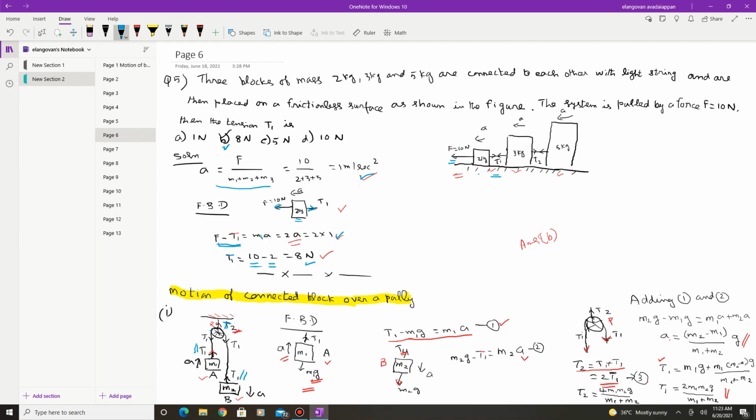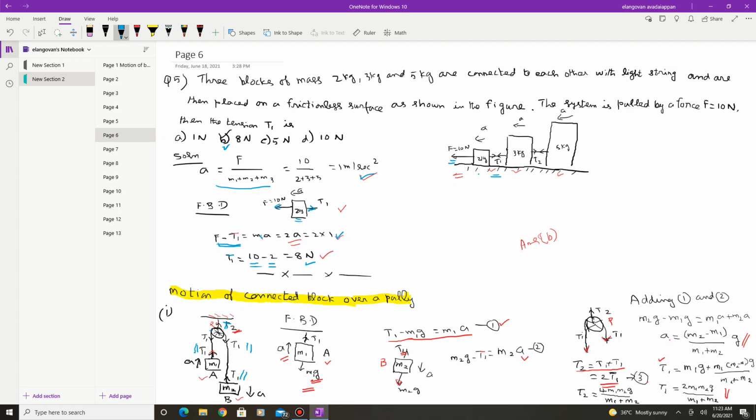So this is given in the diagram. Both are equal and in opposite directions. On the right side also there are two: T1 is acting downwards from the pulley, and again T1 is the tension acting upwards from the mass M2. Both are of equal magnitude.